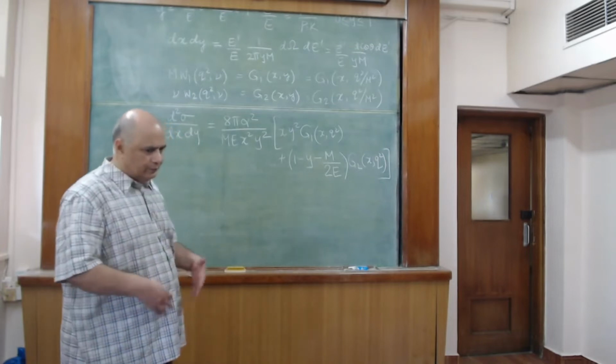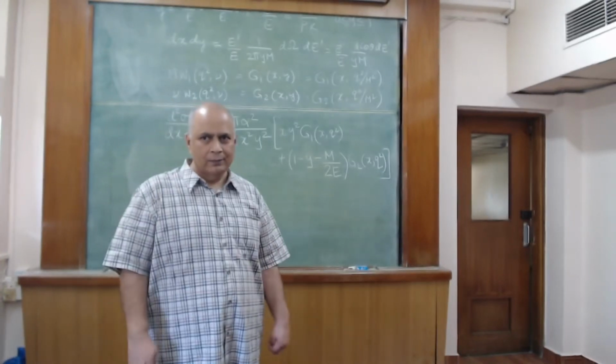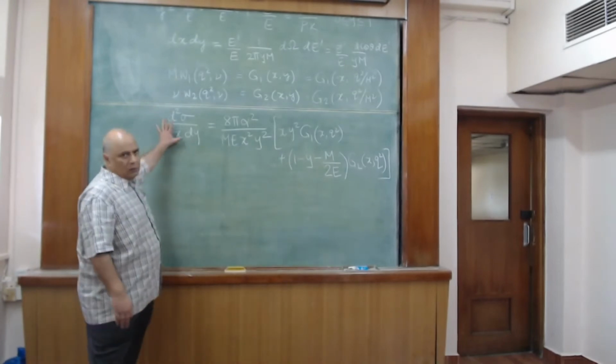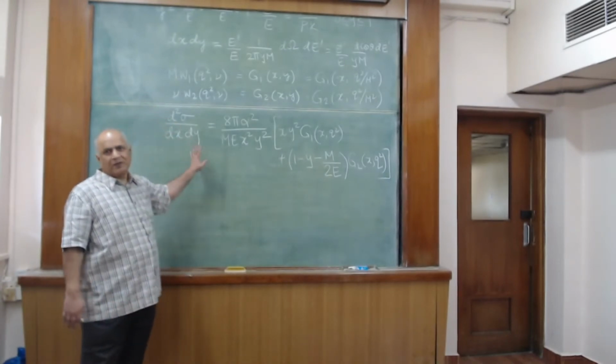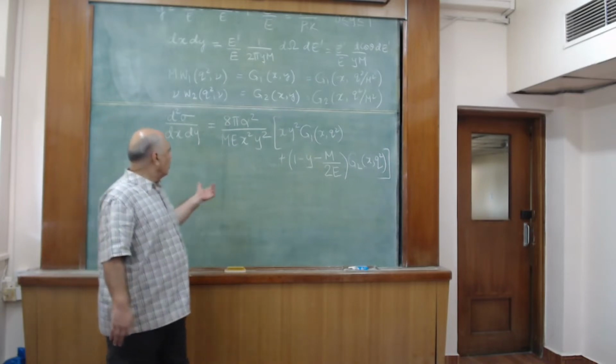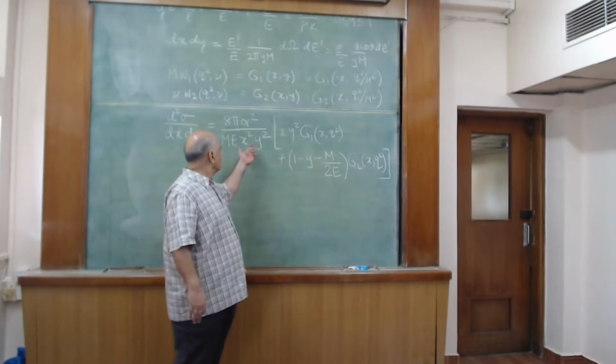Now I do an experiment and I measure these cross sections as a function of x and y, and I mod out this x square.